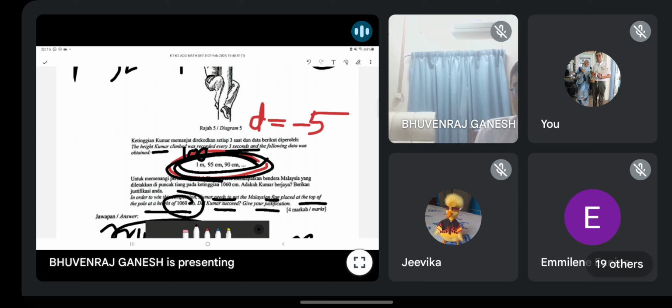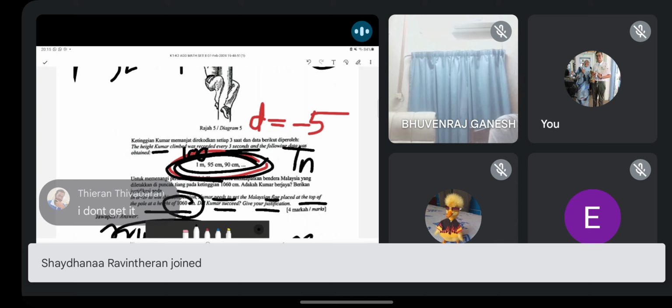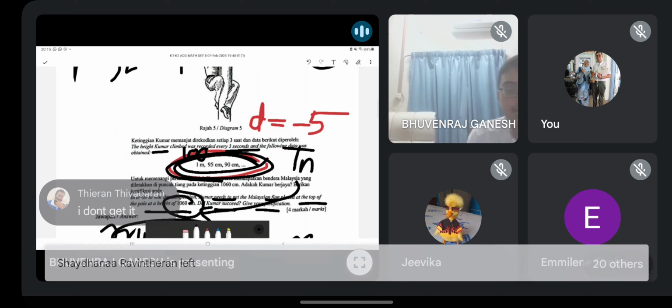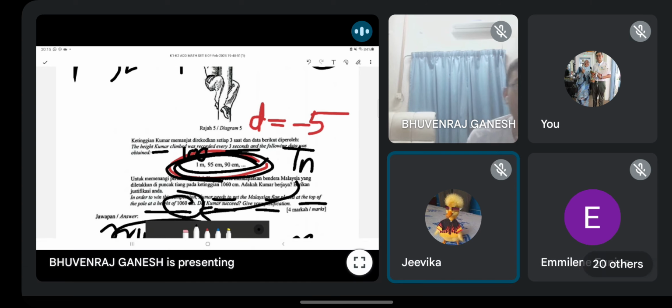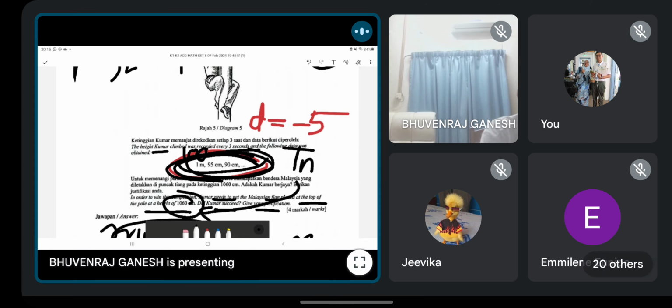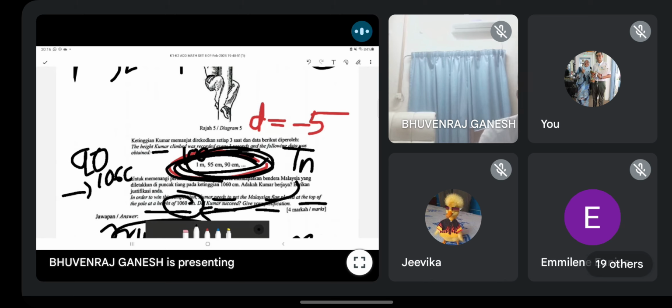Can you get it? Very simple. If you try to use Tn, will you be able to reach this answer guys? Yes or no? You try with Tn and see. Cannot, because your value is decreasing. Already 90, how can 90 suddenly go to 1060 cm? No logic.